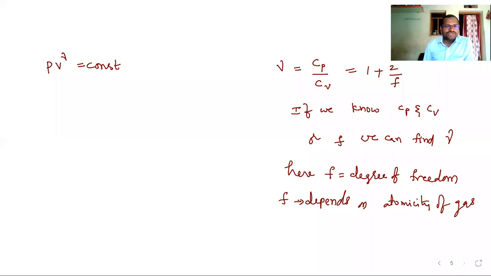In questions, they will mention which gas it is, monoatomic or diatomic or triatomic, like that. About this F, we will discuss in next chapter. So simply you can calculate the value. Let us suppose for monoatomic gas, F value is 3. 3 degrees of freedom it will have.